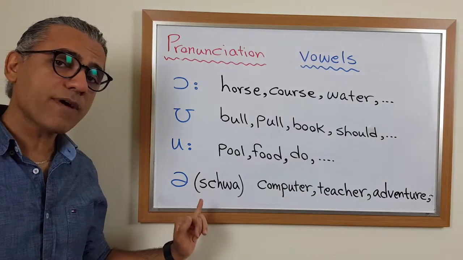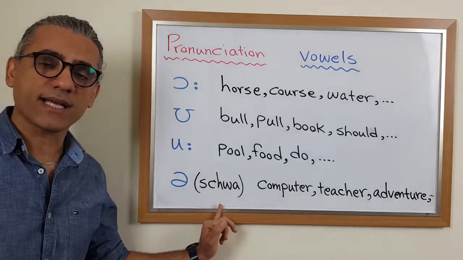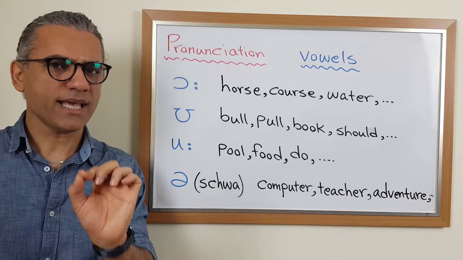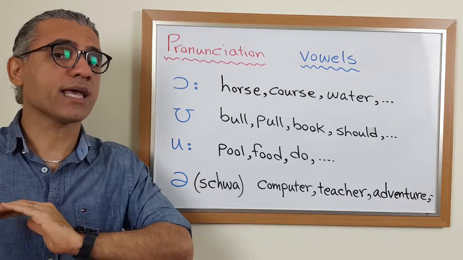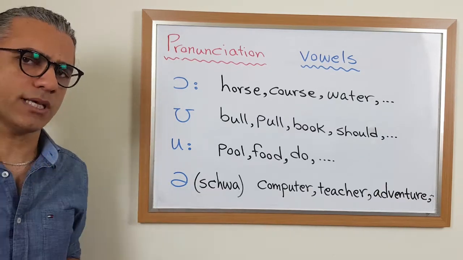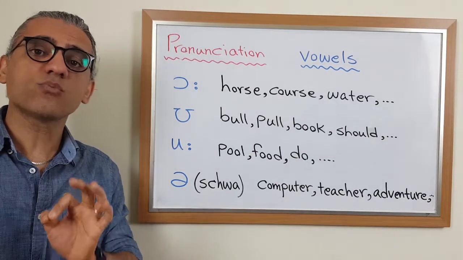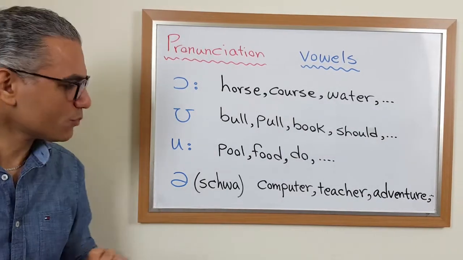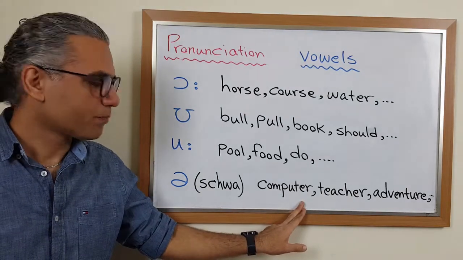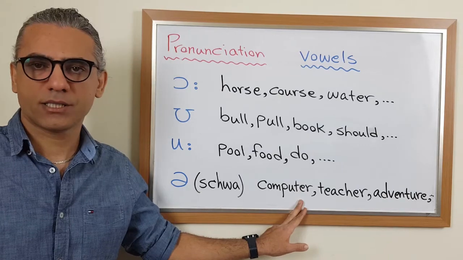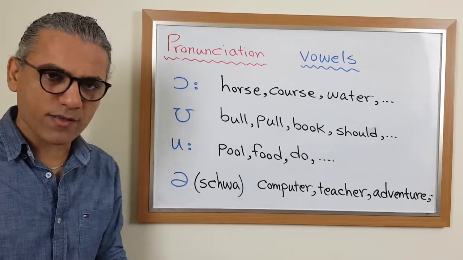Okay, another fact about the schwa is that if you have schwa in a syllable, in absolutely any word in English, that syllable cannot be stressed. Look at this one. The pronunciation of this word is computer. We have two schwas in computer.